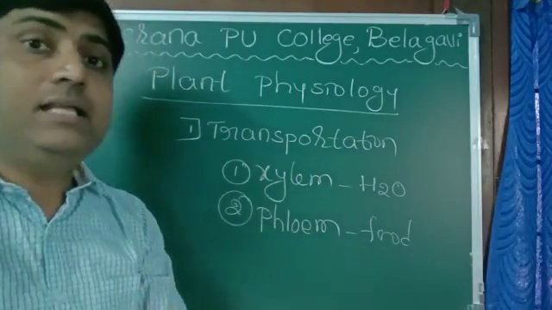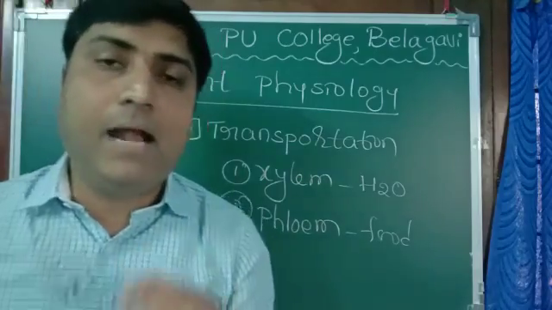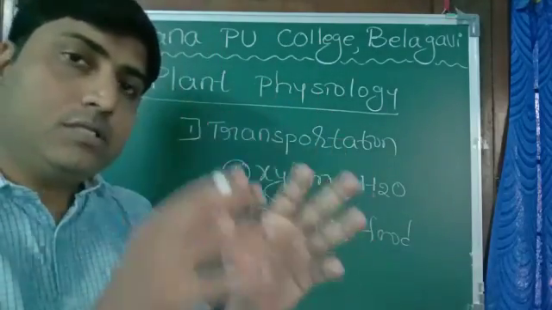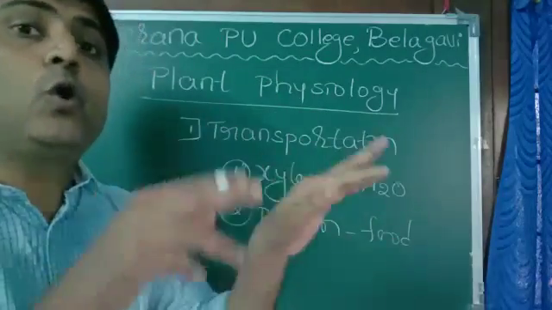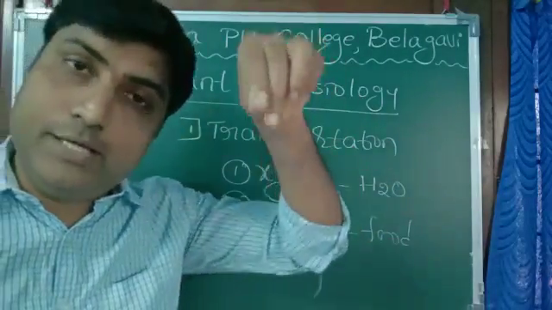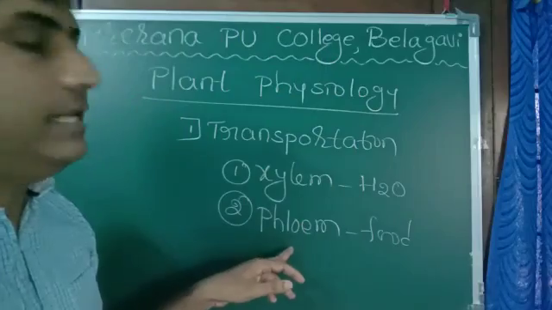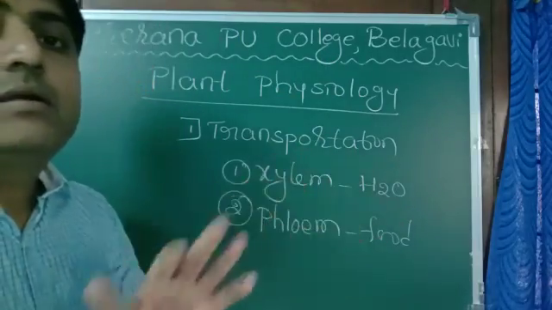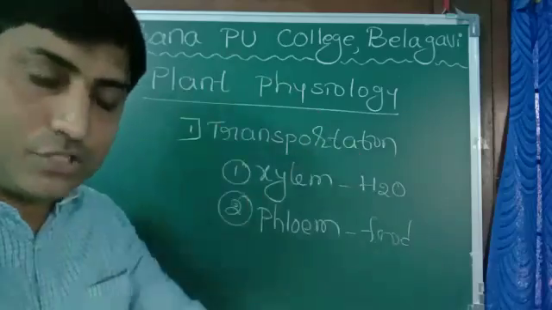Phloem carries the prepared food by the plant. Plants prepare food in the leaf during photosynthesis, and that prepared food should go to every corner of the plant body, including to the root, and that is carried by phloem. So this together constitutes their transportation system.